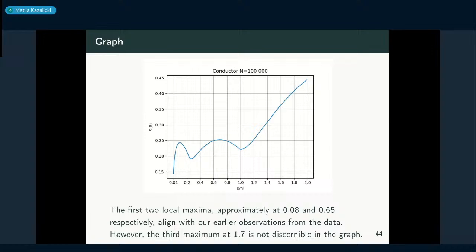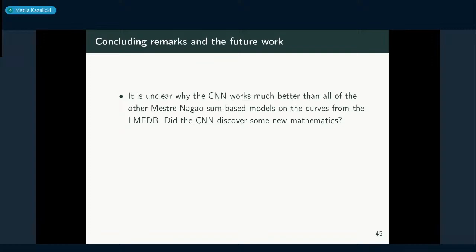Okay, so now this is some kind of heuristic explanation of this phenomenon, and of course now we would like to prove something along these lines. Okay, so to wrap this talk up, a few concluding remarks and the future work.